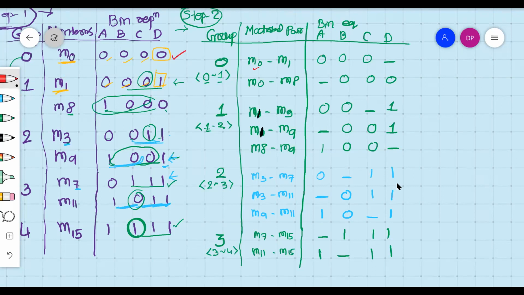So we'll put a tick mark here. Similarly, M1 is also used. M8 is also used, M3 is also used, M9 is also used. M7 is also used, M11, M15, right? So all the values we have used in this matching pair.